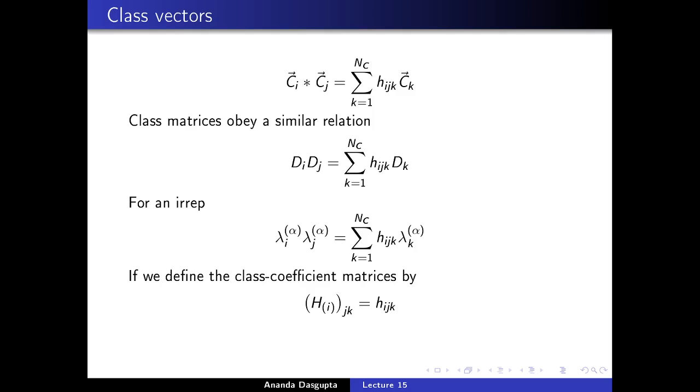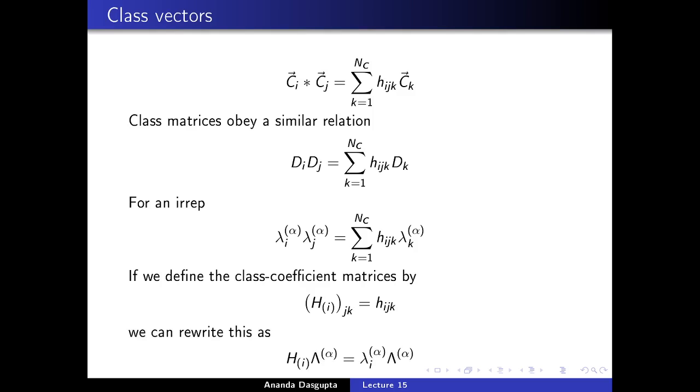So what we really have is that the jth element of Hi times capital lambda alpha is given by lambda i alpha times the jth element of capital lambda alpha, namely lambda j alpha.